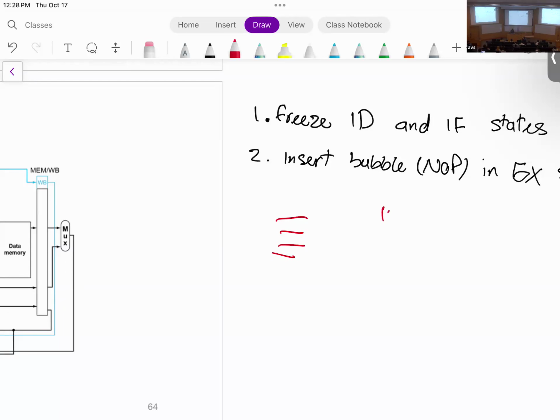You're going to see, for example, load word and then sub and then add and so on and so forth. In hardware, we will detect that this is a load use hazard, so we're going to insert the bubble here. So from the architectural point of view, you're not going to see any of these. From the microarchitectural point of view, you're going to see this. Any other questions? Perfect.